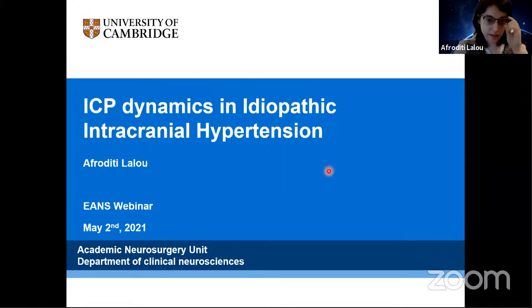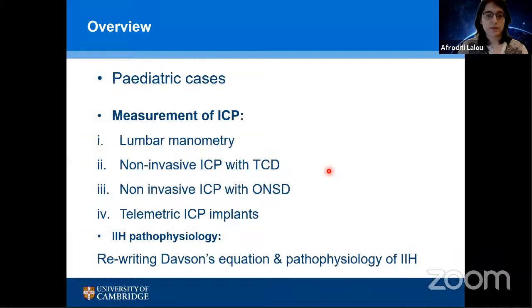I'm Aphrodite. So I'll be speaking about some more ICP dynamics in IIH. Specifically, I'll be talking about our pediatric cases in Addenbrooke's, the ones that we've seen. I'll be discussing the appropriate methodology that we've, at least from experience, reported in measuring and monitoring intracranial pressure.